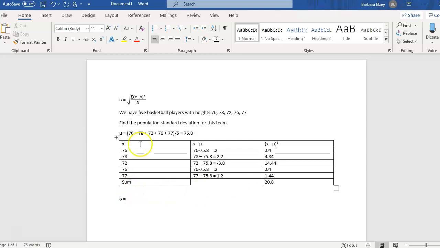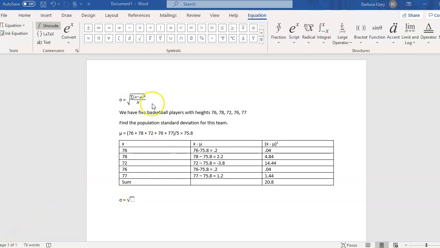We're now going to calculate based on the information we got on the table. So our formula calls for the square root. And under that square root, I want to put the sum of the x minus mu squares. Now, that's what I just came up with. That's the 20.8. So I want to put 20.8. And I want to divide it by the number. N is the number of people in our population.